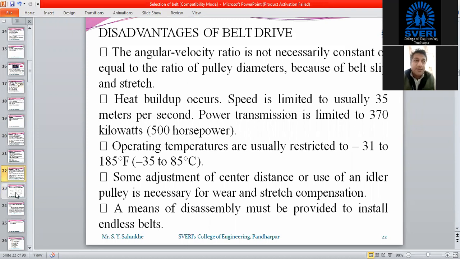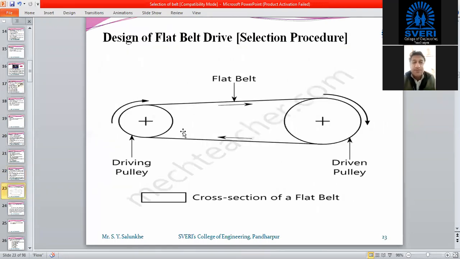Next, we are going to see the selection procedure for the belt drives. But before going to this selection procedure, let me know if you have any question related to all the slides which we have seen in yesterday's lecture and today's lecture. You can write in the chat box.